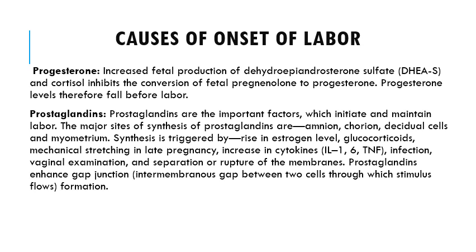Synthesis is triggered by various factors such as rise in estrogen level, glucocorticoids, mechanical stretching in late pregnancy, increase in cytokines interleukin 1, interleukin 6, and tumor necrosis factor, any kind of infections, vaginal examination, separation or rupture of the membrane. The prostaglandins help to enhance the gap junction, that is the intermembranous gap between two cells through which the stimulus flows.